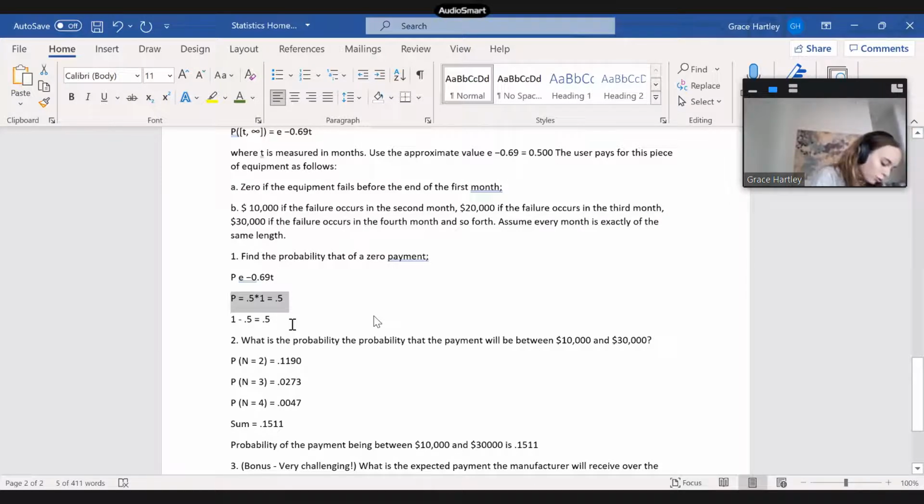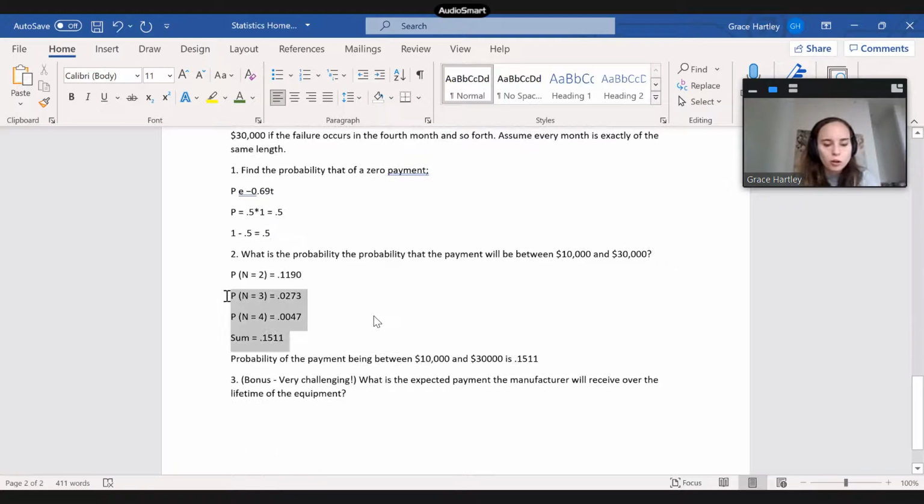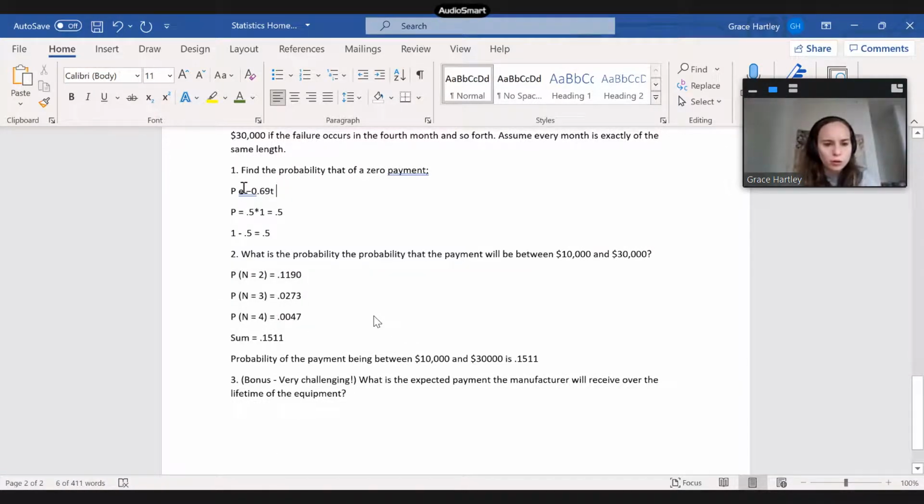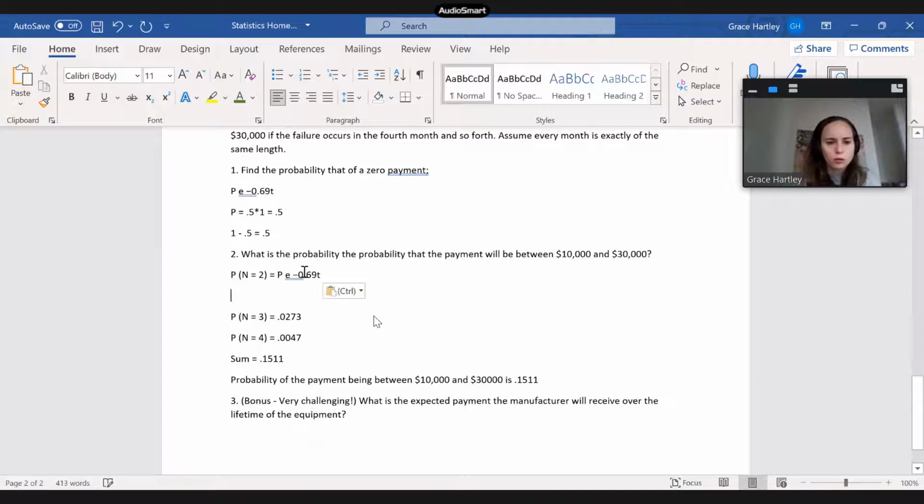And so for the second question, you still use this kind of method, like between 10,000 and 20,000. If it fails between the first month and the second month, you get a compensation of 10,000. I don't know the exact number, but you still use those kinds of thoughts.